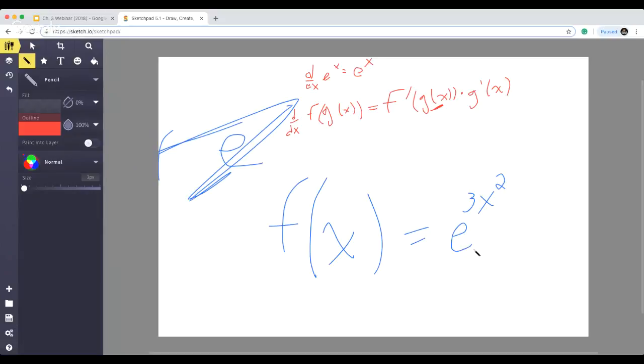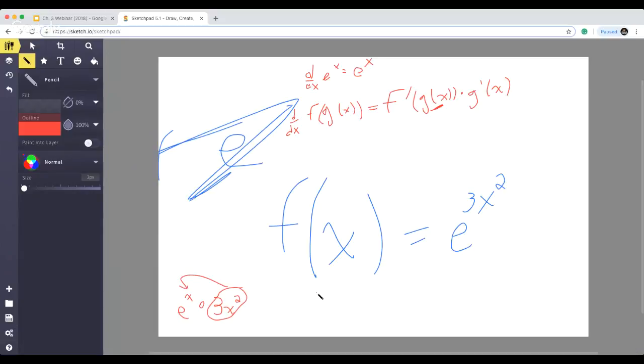In the example I've drawn here, the outside function is e to the x, which is composed with the inside function, which is 3x squared. We can view this whole function as 3x squared being plugged into e to the x.